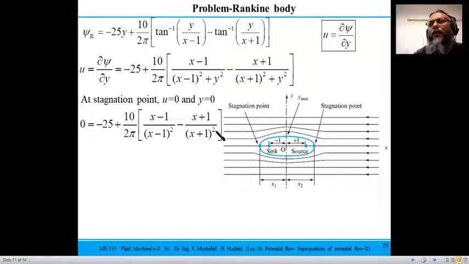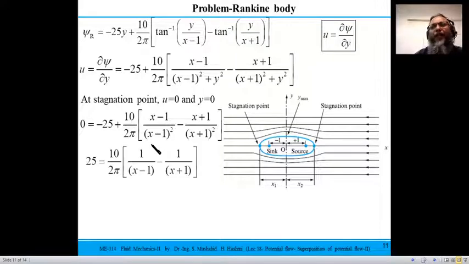So the only unknown in this equation is x. You simplify, and x comes out to be plus or minus 1.062 meter. So x could be plus or minus 1.062 meter from this point to this point. That is actually the distance x1 and x2.